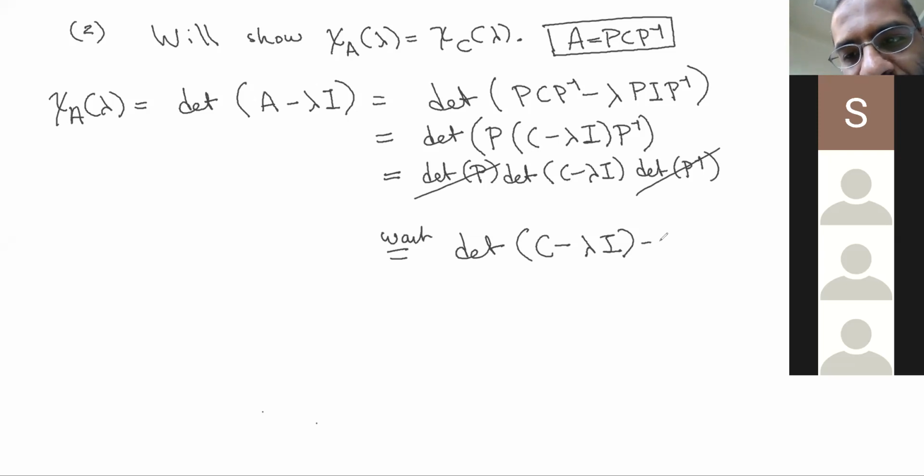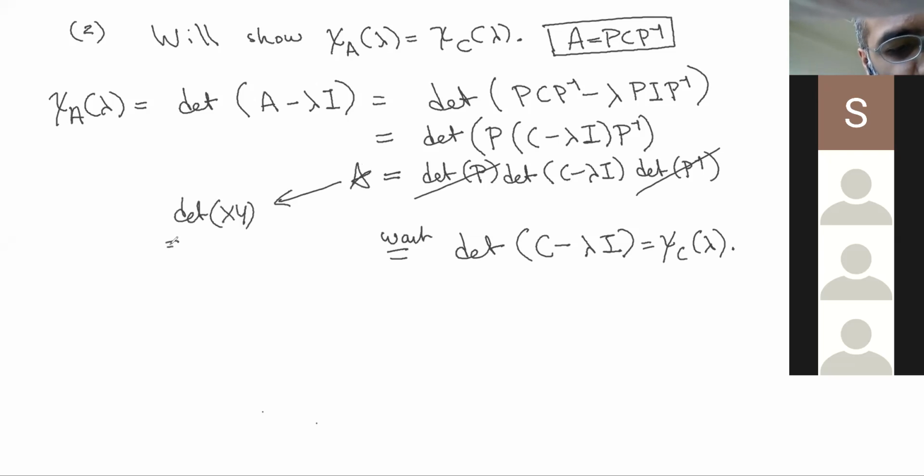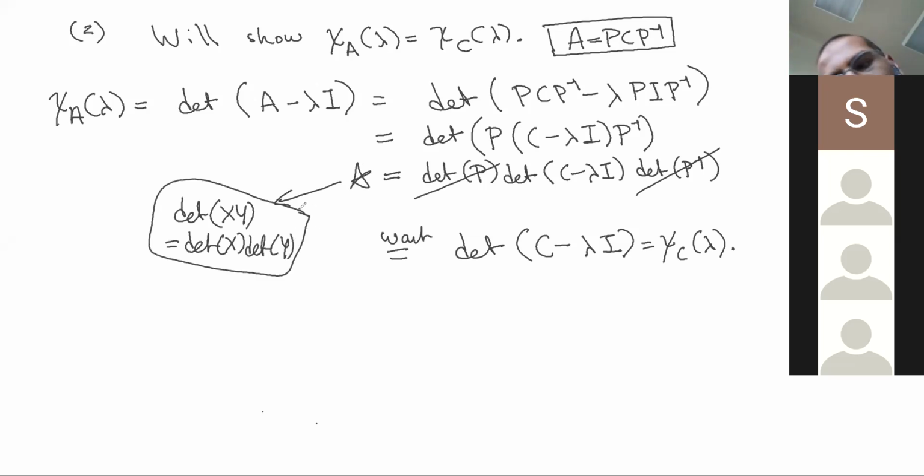And indeed you get this. So it follows immediately from the multiplicative property of the determinant, that det of xy is the product of the determinants. So similar matrices have the same characteristic polynomial.